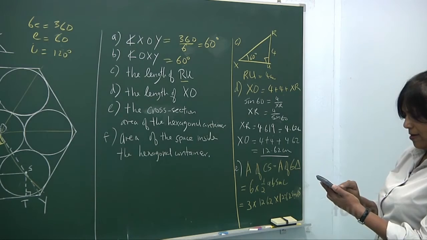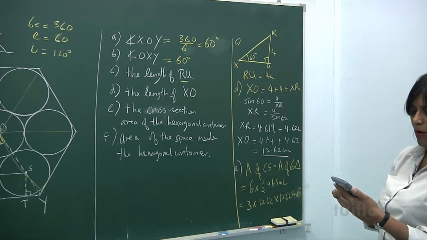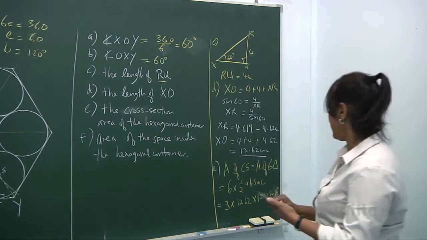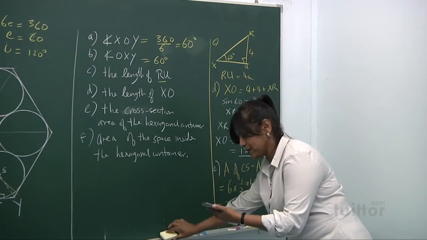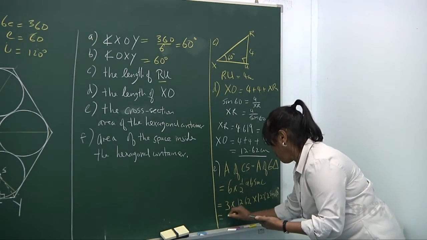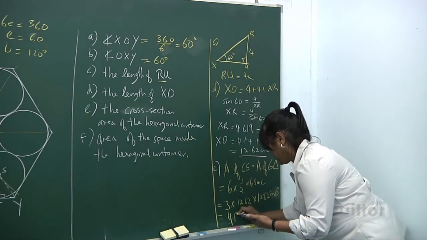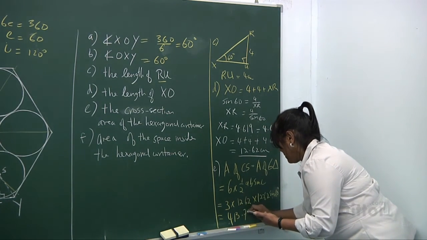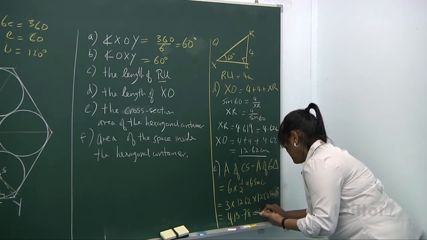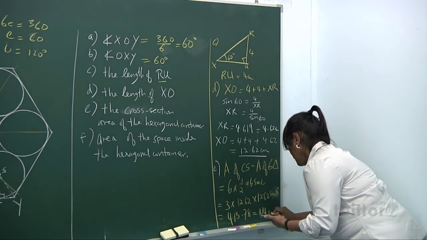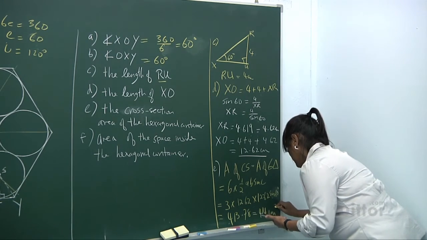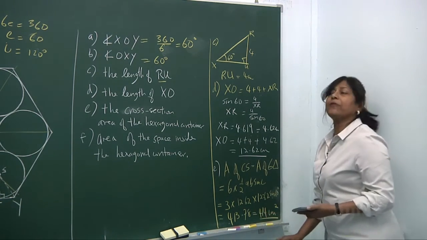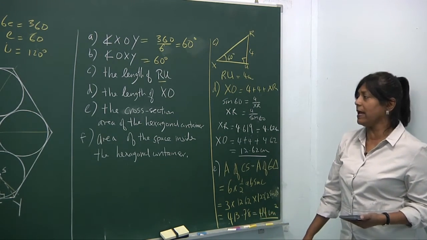Put that in and you get the area, which is 413.78. Rounded to 3 significant figures, that is 414 cm squared if they ask for 3SF. So that will be the cross-sectional area.